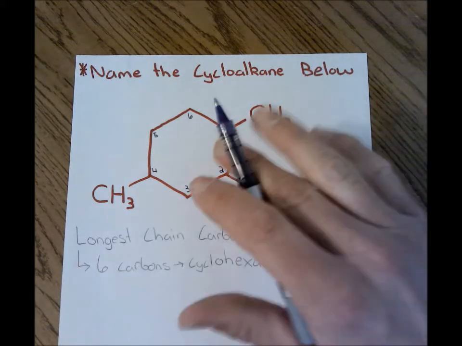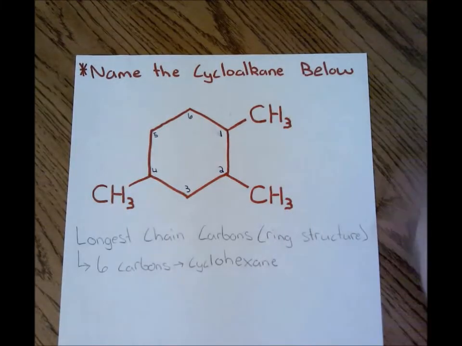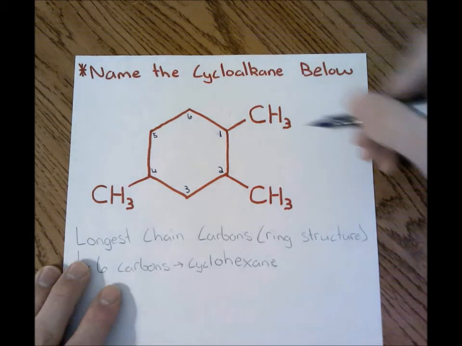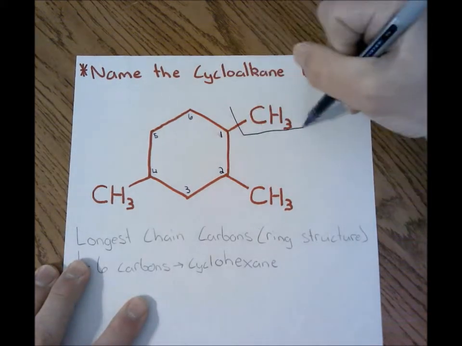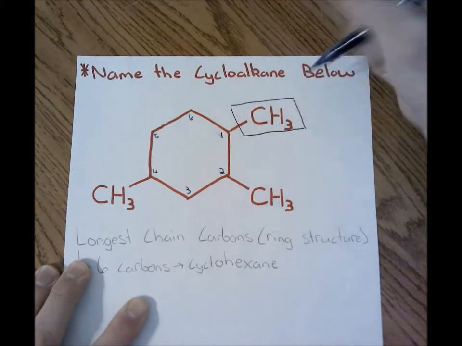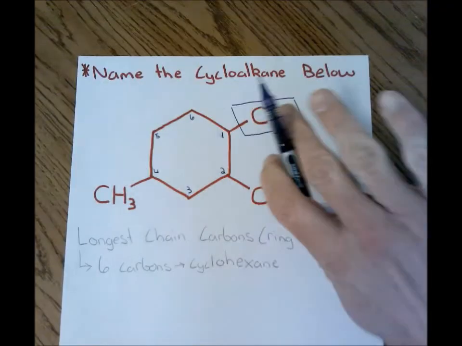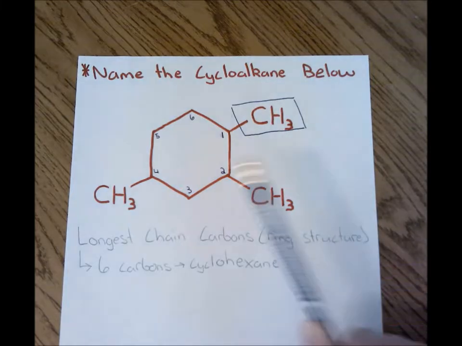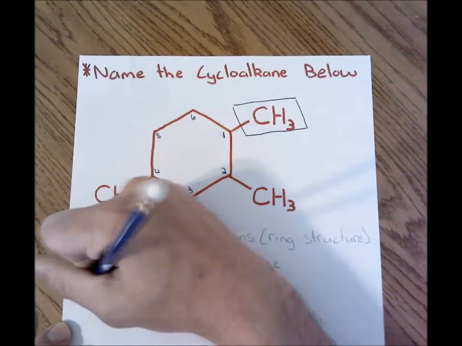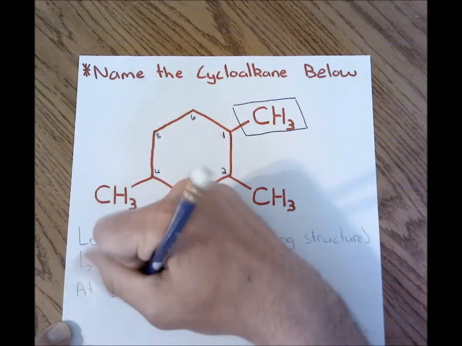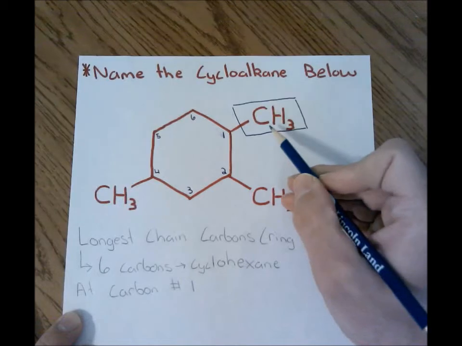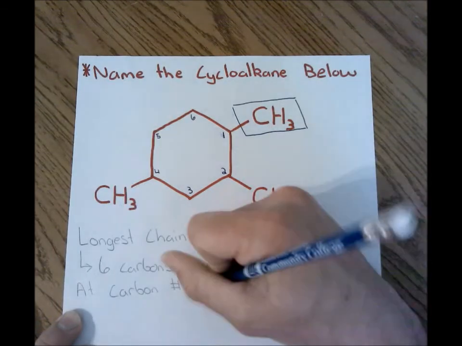So I start out here with my first attachment at carbon number 1. Again, I like to isolate it when I name this, so I identify here that at carbon number 1, I have an attached CH3 group. And so that means we have something with 1 carbon.